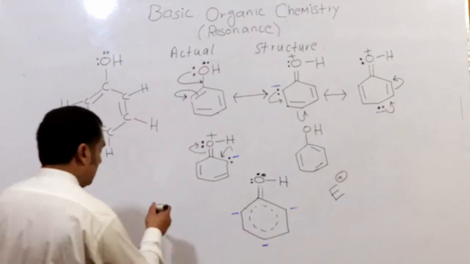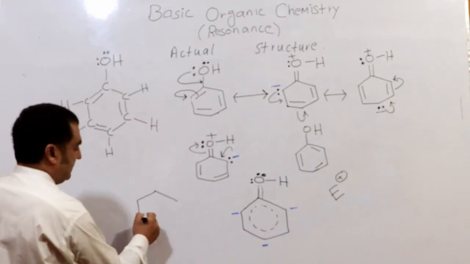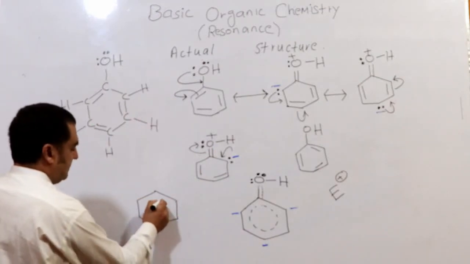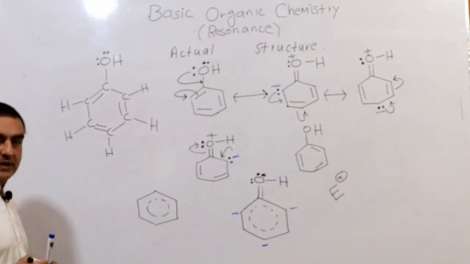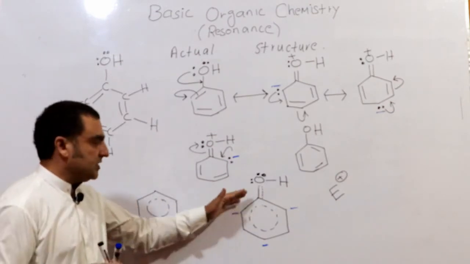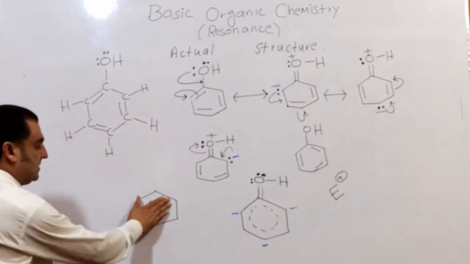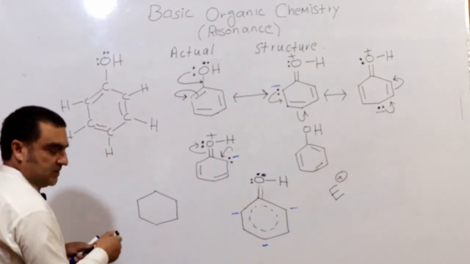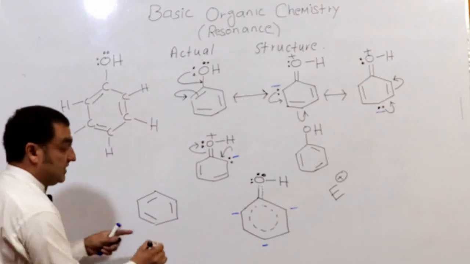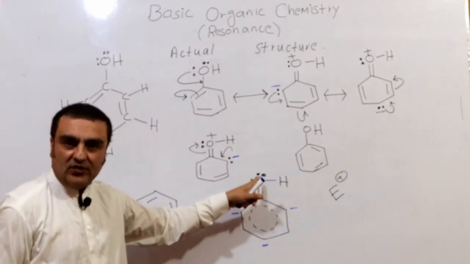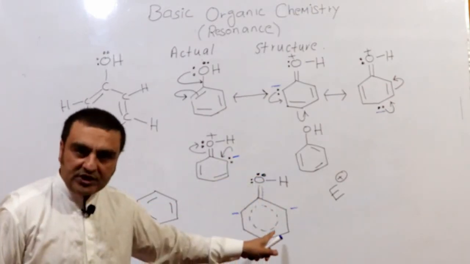If you compare it with the normal benzene, this ring is more electron rich, because normally it has 6 pi electrons, but it has 6 plus some of the electron cloud. So this is a more electron rich ring.